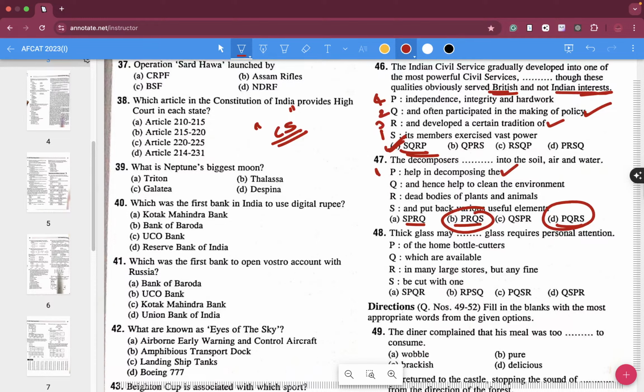The decomposers help in decomposing the dead bodies of plants and animals and hence help to clean the environment and put back various useful elements into the soil, air and water. Okay. So for question number 47, we go ahead with B as an answer.